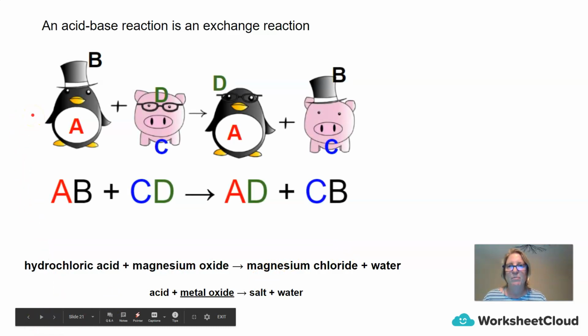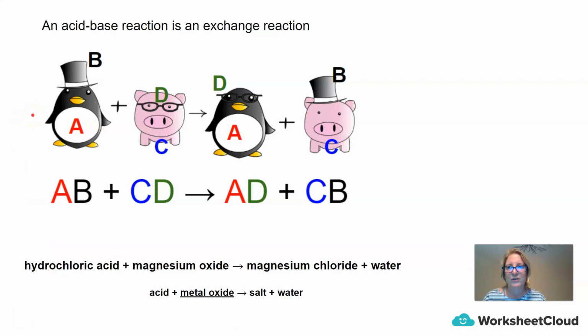So this picture here represents an exchange reaction. Initially we have a penguin with a hat on that reacts with a pig with spectacles. The reaction happens, and in this exchange reaction, the penguin exchanges the hat for the glasses, and the pig exchanges the spectacles or the glasses for the hat.